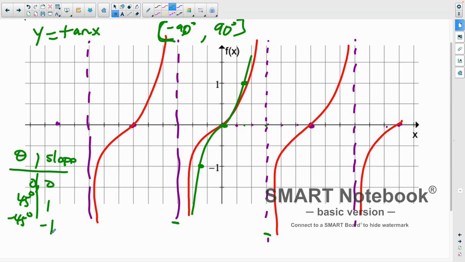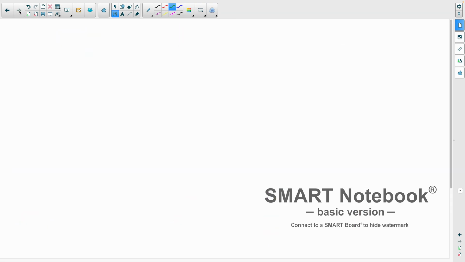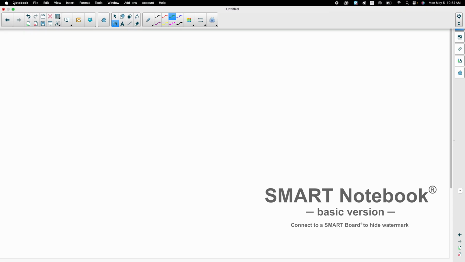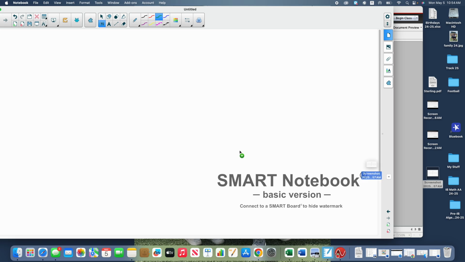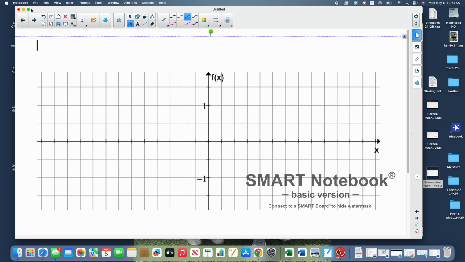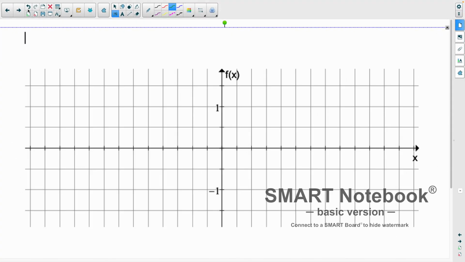So I'm going to draw an inverse tangent graph. Give me some graph paper. What kind of asymptotes did I have in the other one?